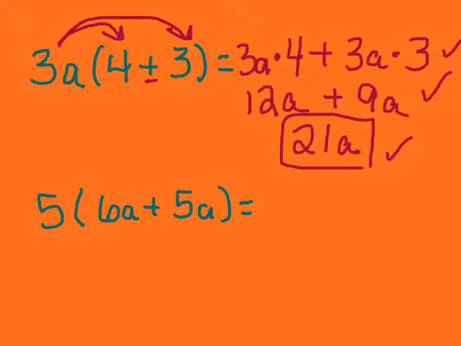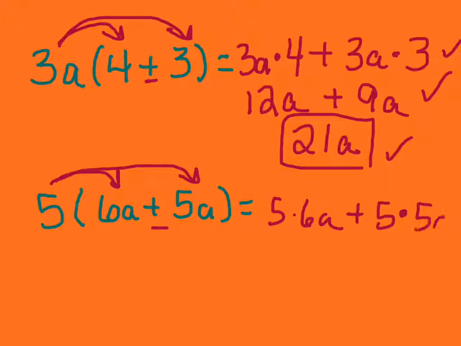And the next one here, we're going to distribute the 5. So 5 times 6a plus 5 times 5a. So I rewrote using the distributive property. Now I'm going to simplify by multiplying. 30a plus 25a. I want to check and see, am I simplified?